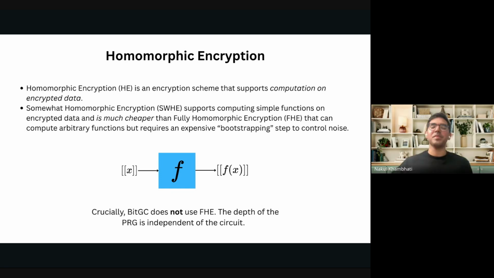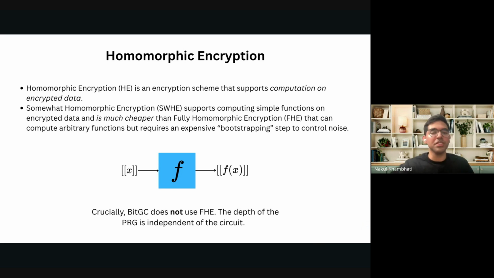Okay. Back to homomorphic encryption. Homomorphic encryption is an encryption scheme that supports computation on encrypted data. This work just uses somewhat homomorphic encryption, which supports computing simple functions on encrypted data. By simple functions, I specifically mean functions whose circuit representation is low depth.